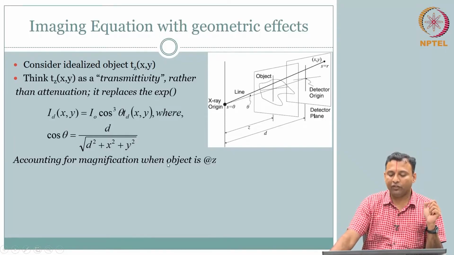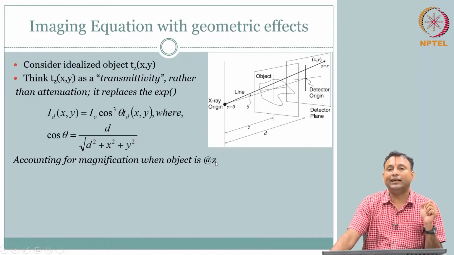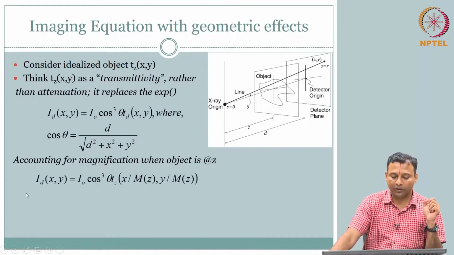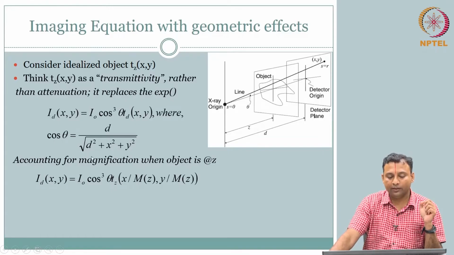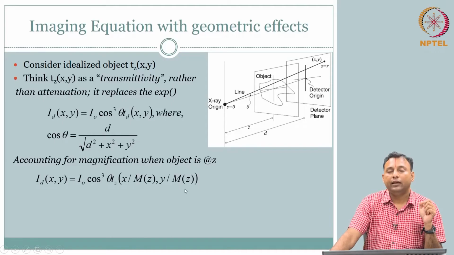So to account for magnification when the object is at z, we can upgrade the equation to Id of x comma y equals I naught cos cube theta. Instead of Td of x comma y, we are writing Tz. What you see at the detector is whatever is there at the z location, the object Tz, magnified.